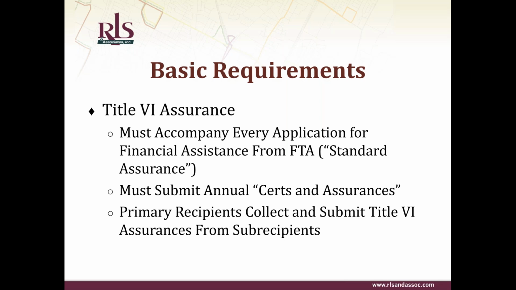This is commonly called the standard assurance. And so they do that when they originally apply for assistance. And then in addition to that, on an annual basis, they assure that with their annual certifications and assurances. And the primary recipient is responsible to collect and submit Title VI assurances from all of its subrecipients.